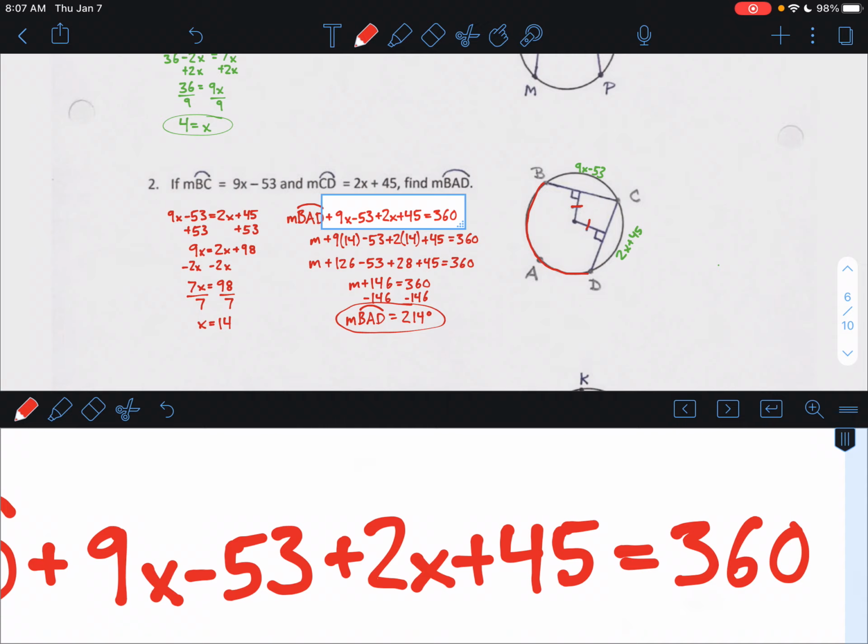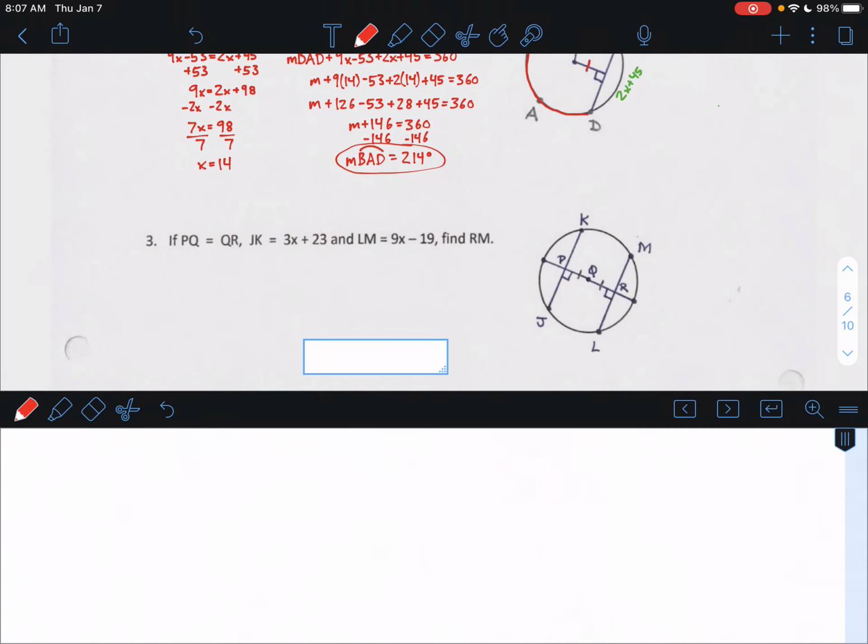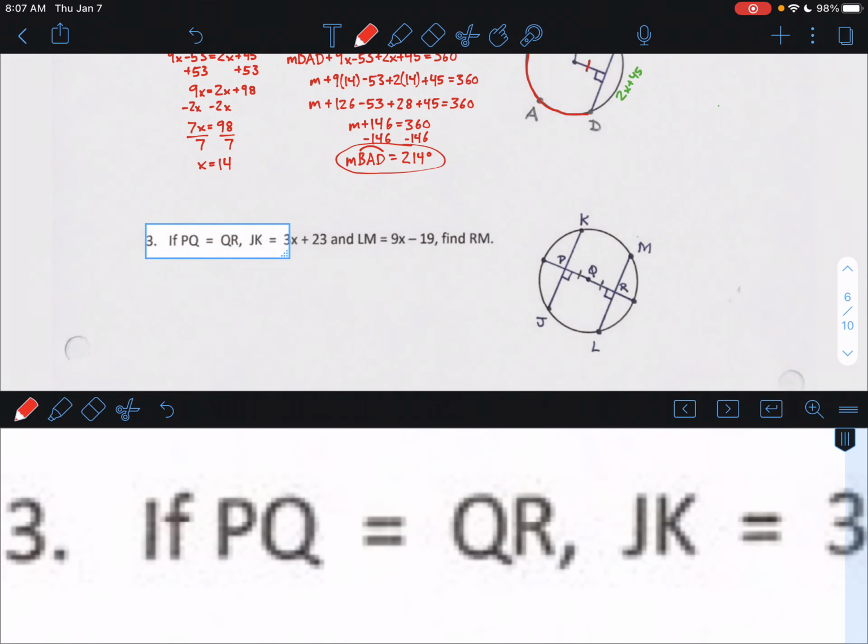All right, and then an example of the third property, the one that I said we weren't going to be using as much today.